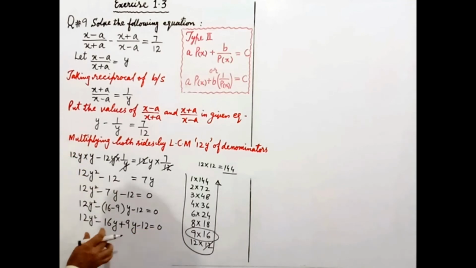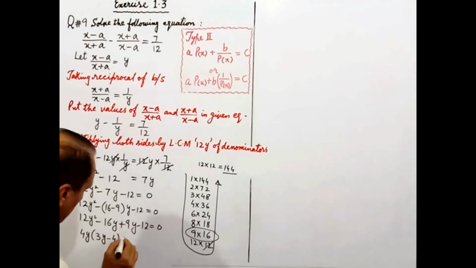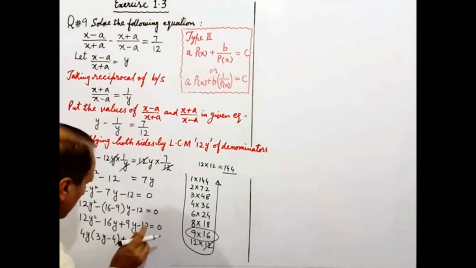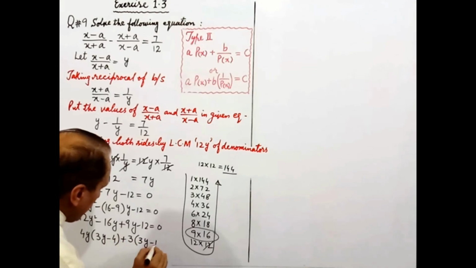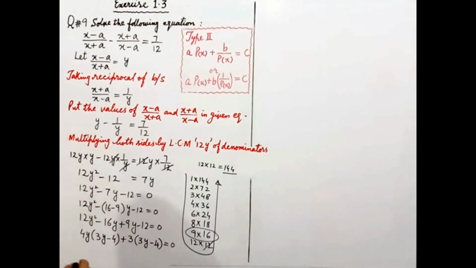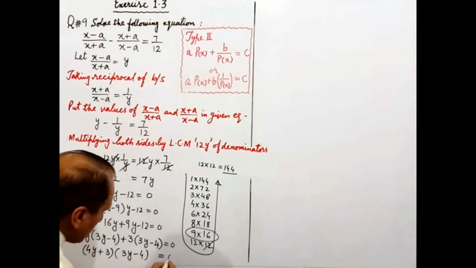Now we take common from the first two terms, that is 4y, and 3y minus 4 is left. In the last two terms we take 3 common, and we have 3y minus 4 is equal to 0. Applying right distributive law, we have (4y plus 3) into (3y minus 4) is equal to 0.